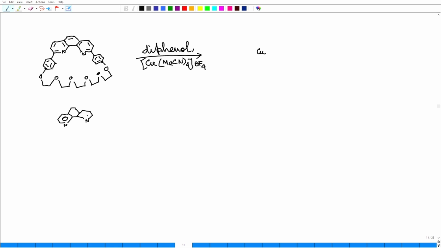Actually, I should be writing the double bond like this, but this is also okay. Okay, so this is my diphenol.